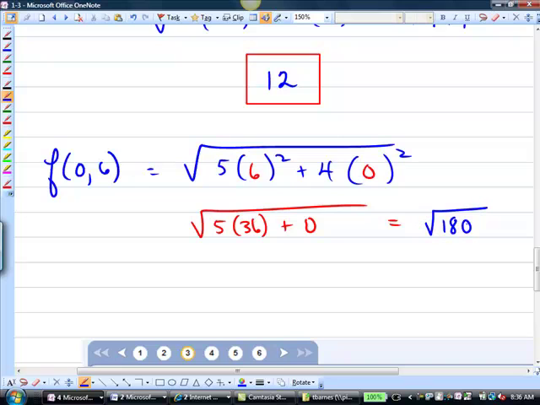So for 180, what are we going to get? How are we going to break 180 down? Nine will go into it and would leave you 20, but within 20, is there another perfect square? 4, so 9 times 4 is 36.